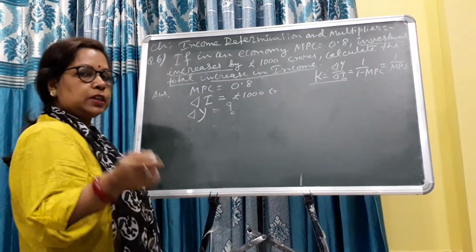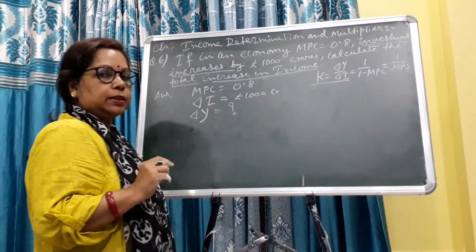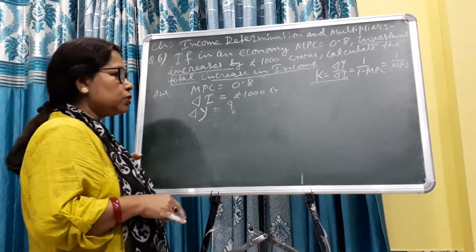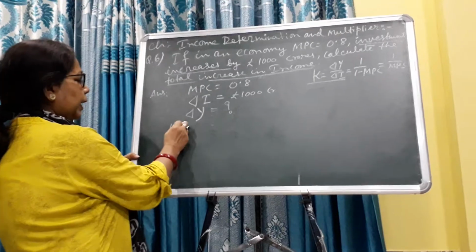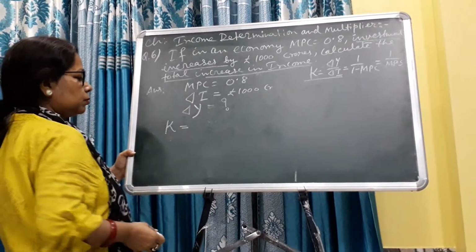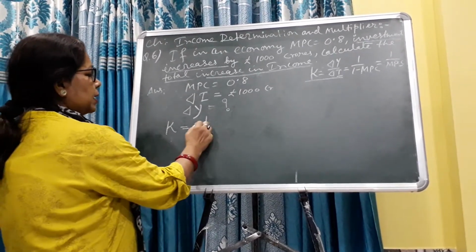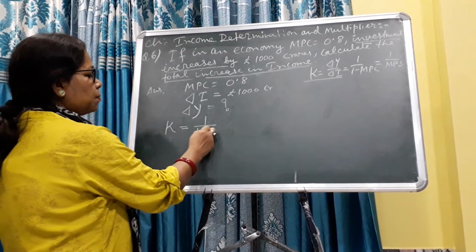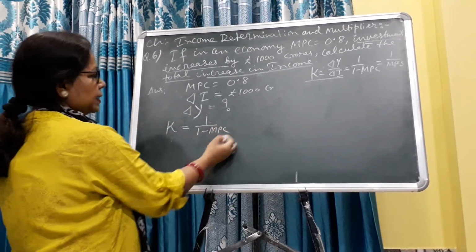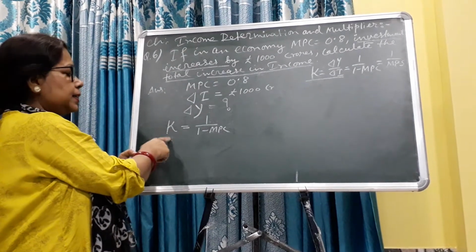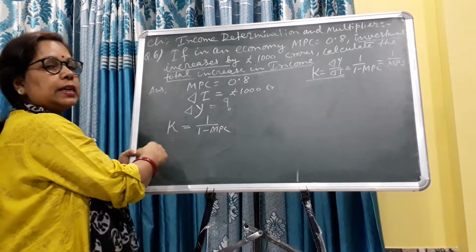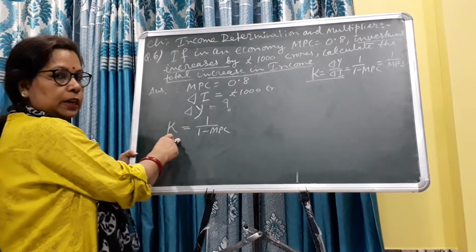So first of all you have to find out the multiplier. In what way can you find out the multiplier? You write here K equal 1 by 1 minus MPC, because we have the value of MPC. K means multiplier.